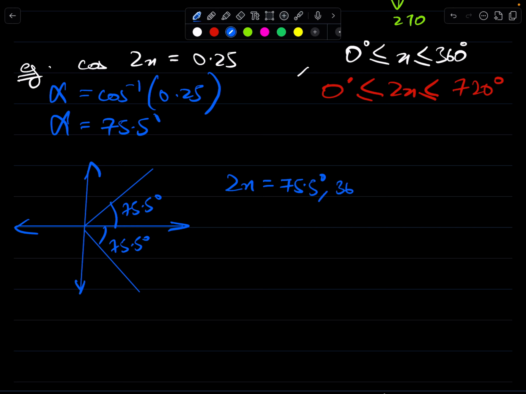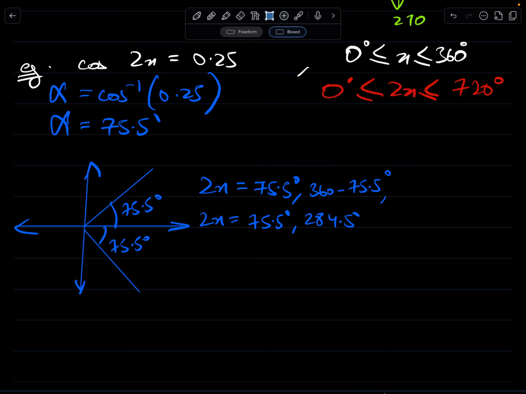Then we have 360 minus 75.5 degrees, which is 284.5 degrees.